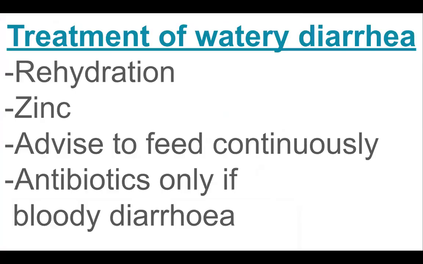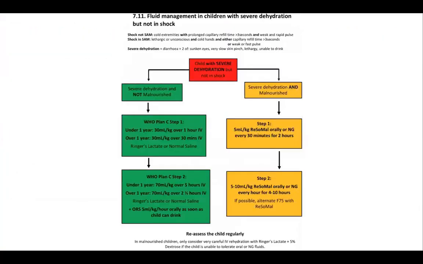So let's focus on the treatment of acute diarrhea. First of all is the dehydration. If the patient is not in shock but with severe dehydration, which we just mentioned before, with sunken eyes, very slow skin pinch, lethargy, and unable to drink.